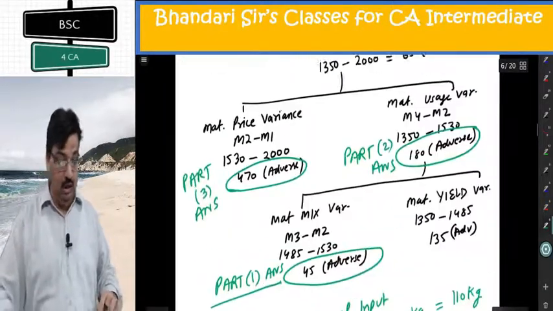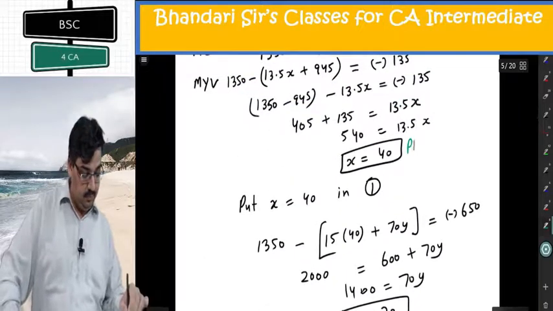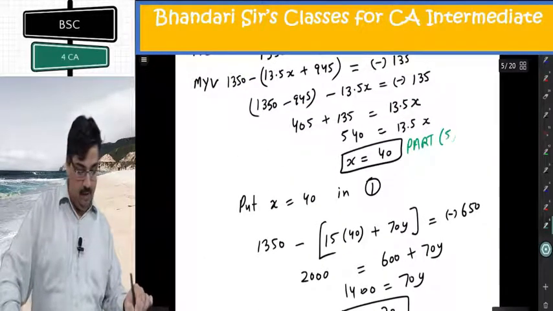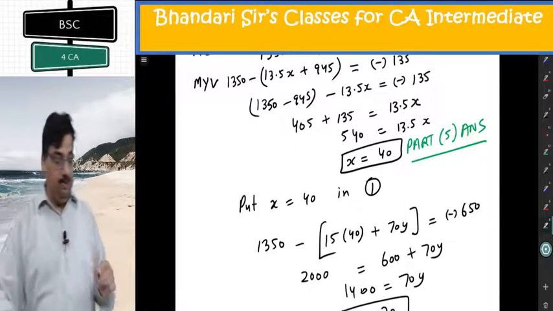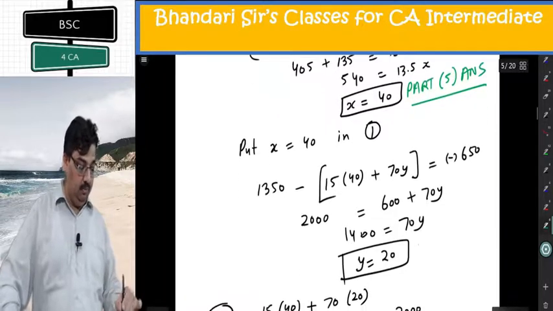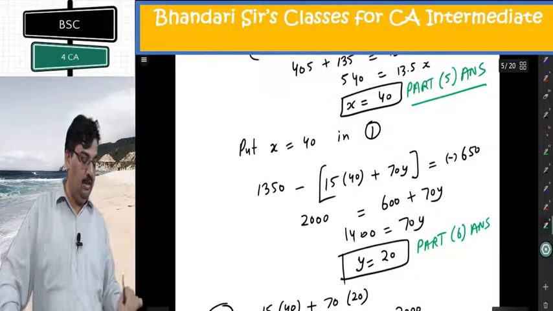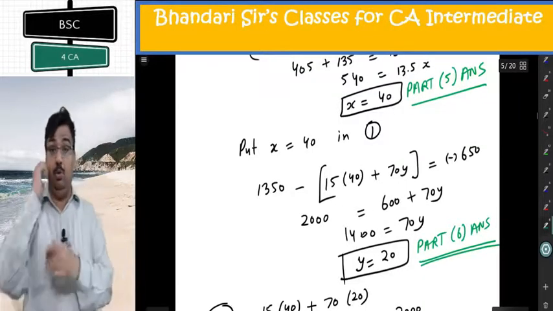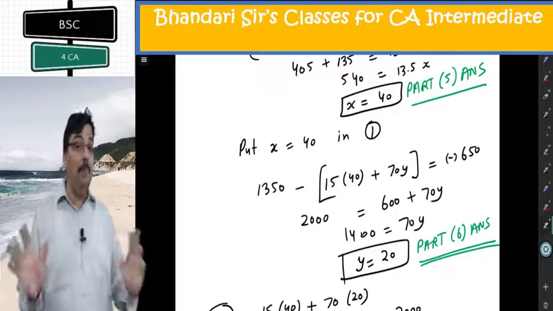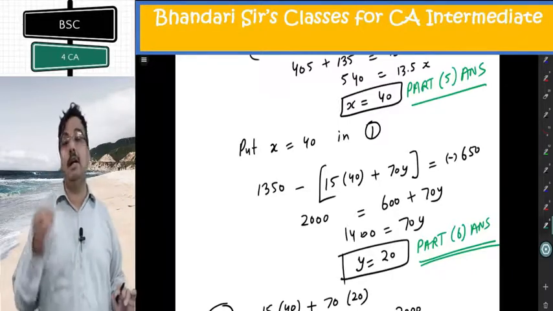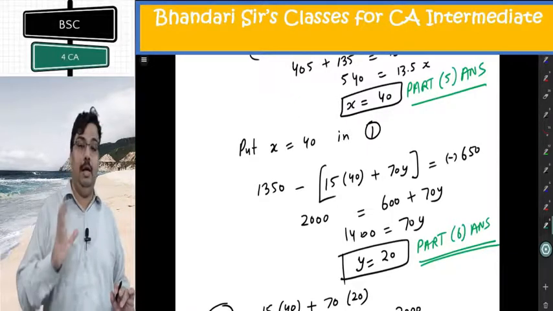He says actual input of chemical A, that is X. Part 5 answer 40. Actual price per kg of chemical B, Y. Part 6 answer. Unless you compute part 5 and 6, you cannot compute the other variances and all. So they are all already computed. This is complete missing figure type question. At intermediate level, sometimes they can ask question like this for 6 marks or 8 marks.